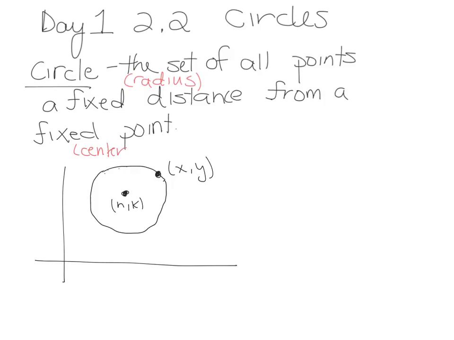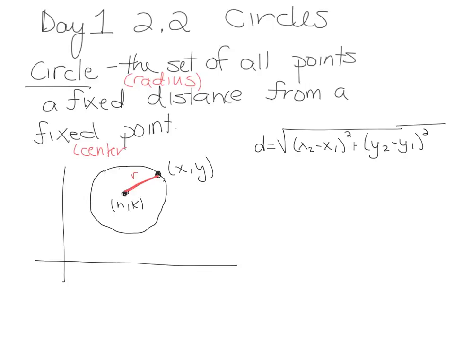And we know from geometry and years before that, that if I connect the center with any point on my circle, that is called the radius. So now we're going to use the distance formula to come up with the equation for the circle. Just as a reminder, distance equals the square root of (x sub 2 minus x sub 1) quantity squared plus (y sub 2 minus y sub 1) quantity squared.